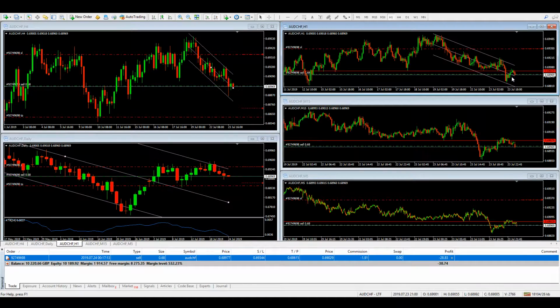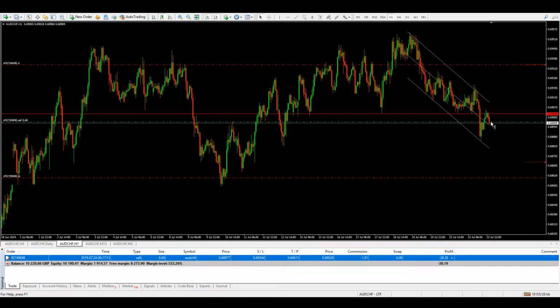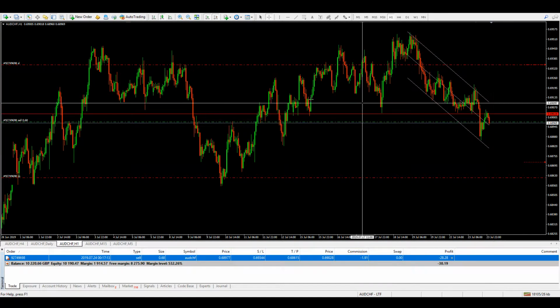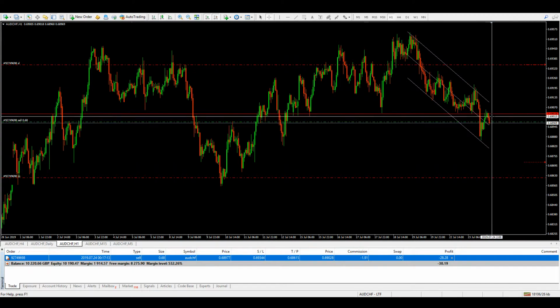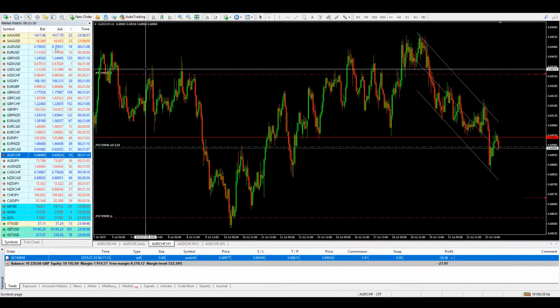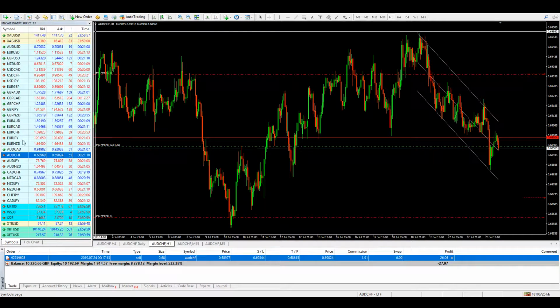The timing on this as well: one thing you've got to be wary of when you're trading going into the Asian session is that your broker is likely to have wider spreads. You can see here, this white line that goes across is the bid, and this red line here is the offer, and the distance between them is the spread. I don't think you can see it when I bring up a ticket, so I will identify that in the market watch. We're trading AUDCHF here.